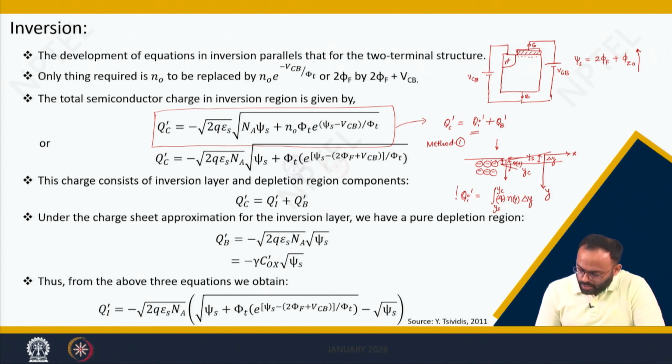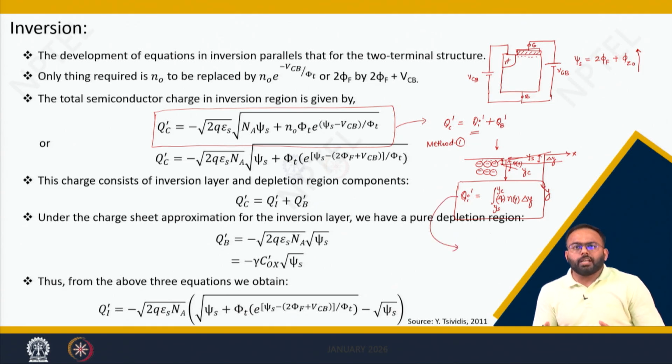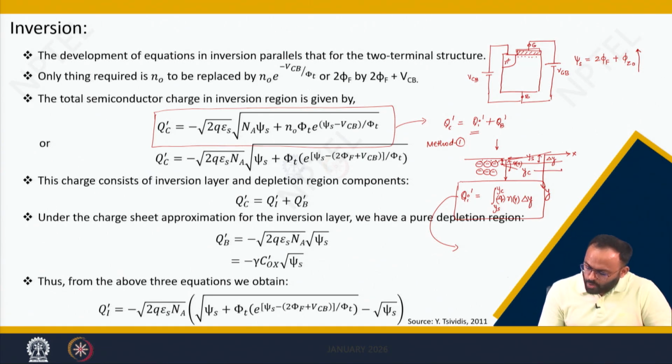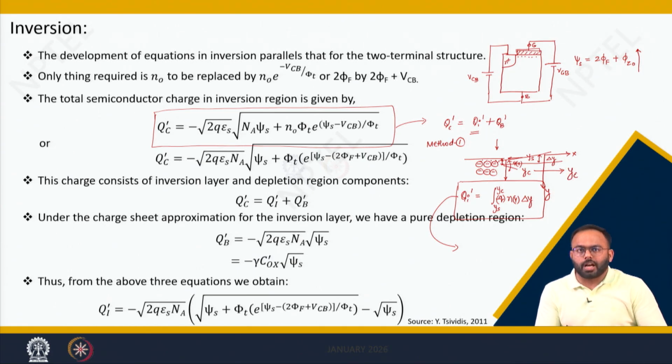This method we have already discussed when we were discussing the two terminal MOS structure, which gives us a simplified value of Qi dash, but this is not that easy because we need to solve the numerical integration. Why? Because I am not very sure what is the limit of yc, meaning to what extent my inversion charge is spread out. Instead of following this method 1, we simply said we should go for method number 2.